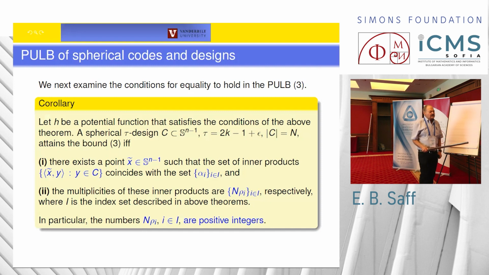And moreover, if you take the cardinality of your code and multiply it by the weights, then these should be integers. These in fact give you the multiplicity of those inner products, as they appear.